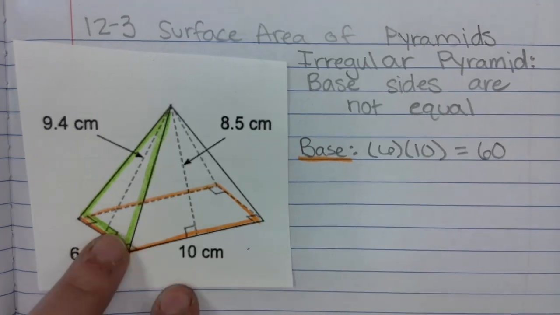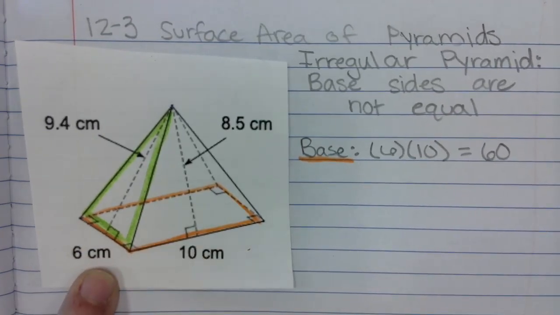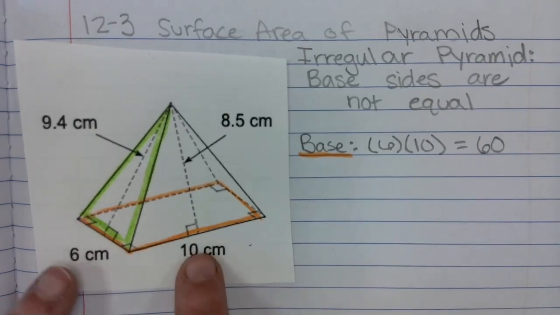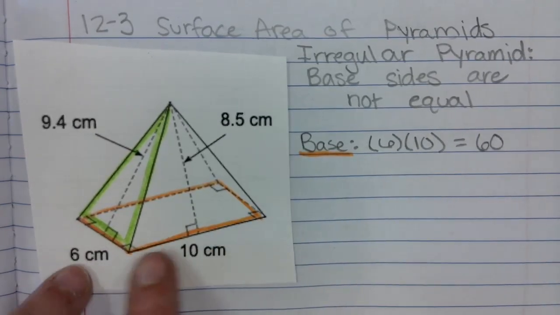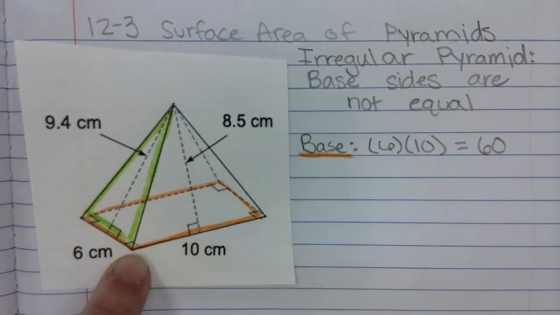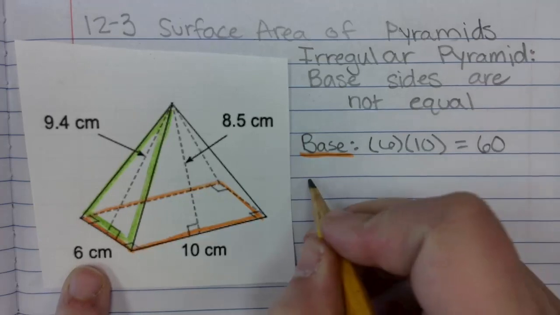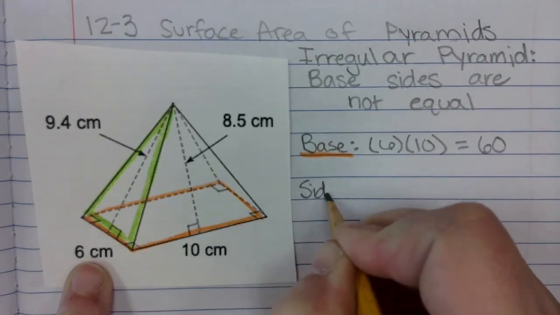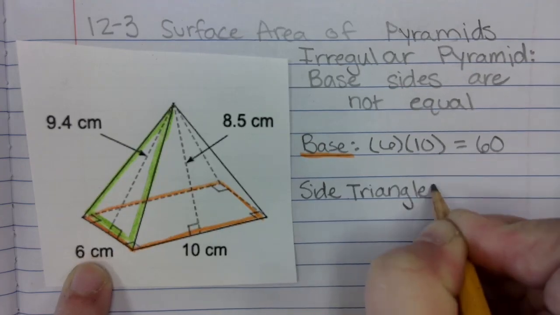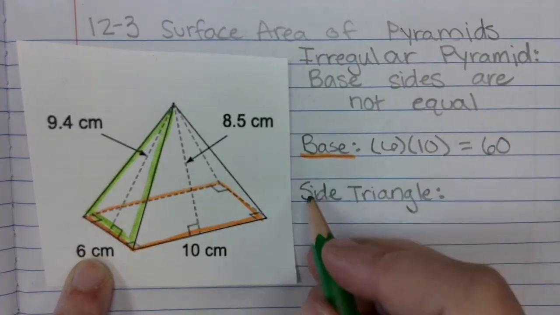Do we see how this triangle is different than this front triangle? Yeah? No? Kind of conceptually, this one's skinnier, it's 6 centimeters, this one's a little bit wider. So when we do this side triangle, I'm thinking about that as my green here.